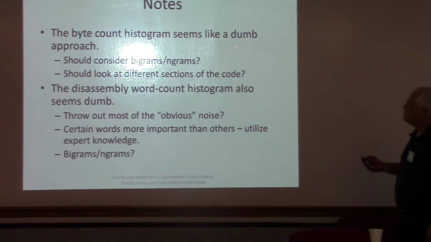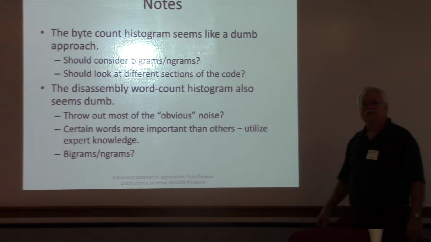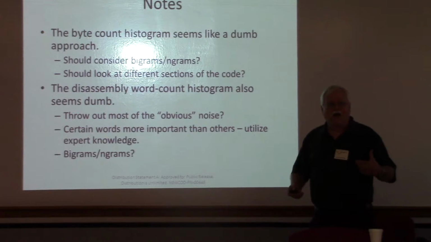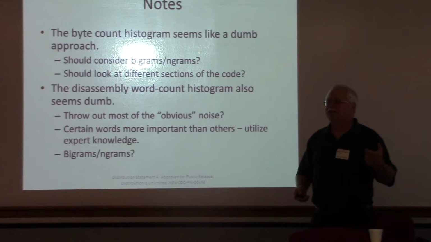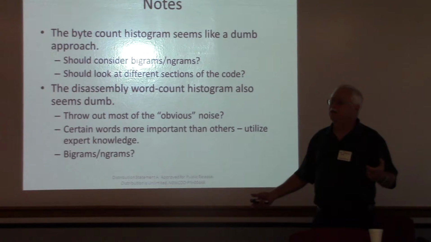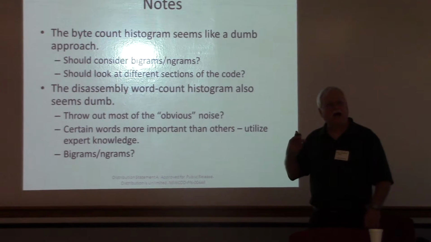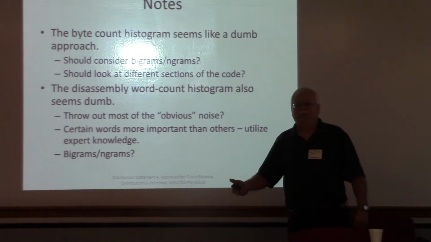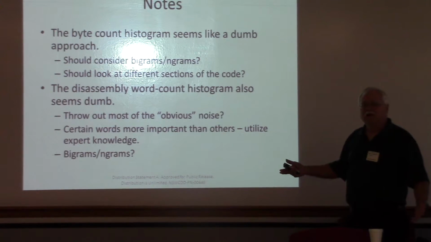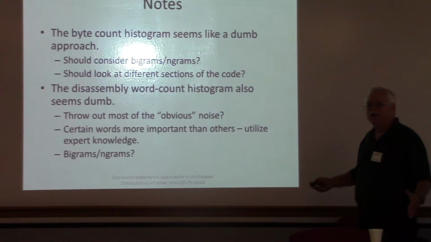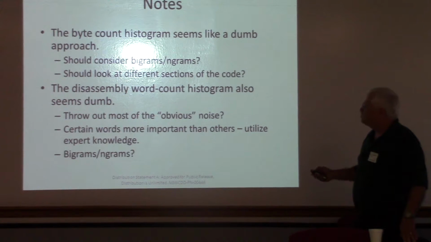So think about this. Byte count histogram seems like a dumb idea, right? What kind of an idiot would do this? The number of times the byte 07 appears in your malware hex dump, the number of times B8 appears. Why would a histogram of that tell you anything useful? Shouldn't I at least look at bigrams?